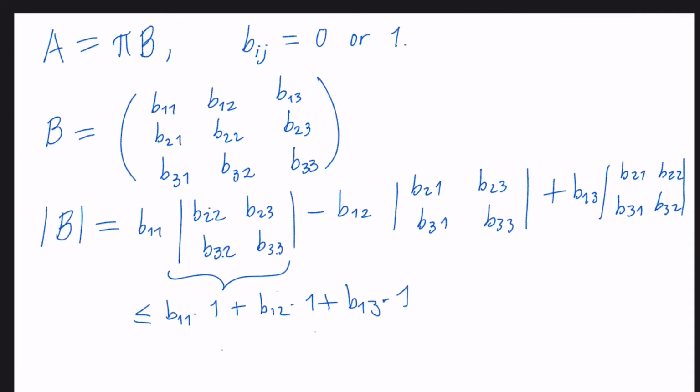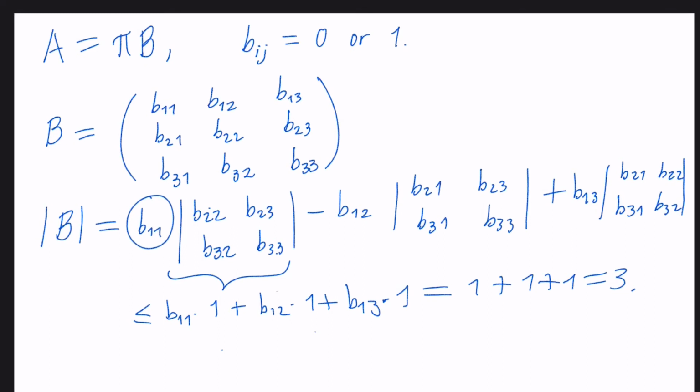I'm producing an inequality, supposing that all the terms are positive. And B11, B12, B13 can be at most 1, so all of them give 1 plus 1 plus 1 equal to 3. So this is a possible bound, but there is a problem with this bound, as we will see.